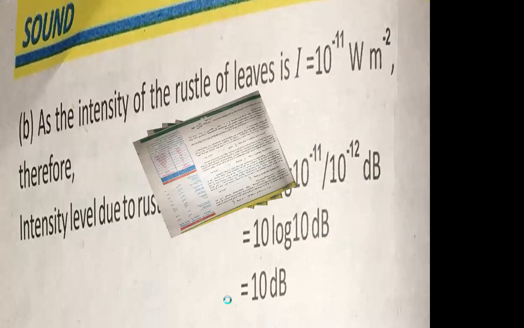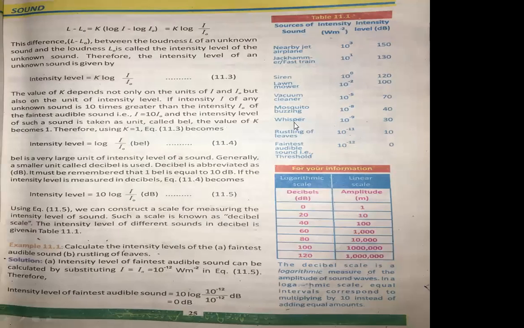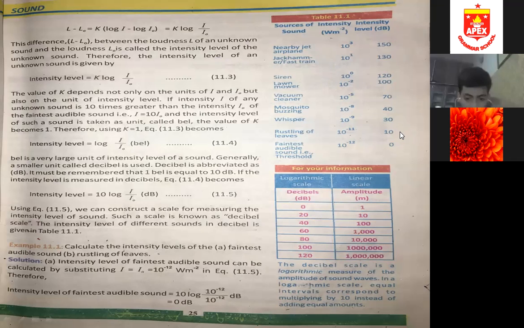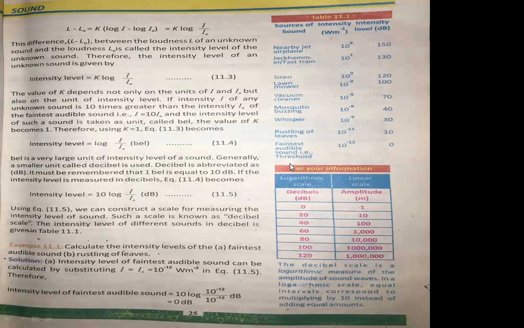So we have proved in example 11.1 that rustling of leaves in decibel is 10 and the faintest audible sound in decibel is 0. I hope you understand it very well.